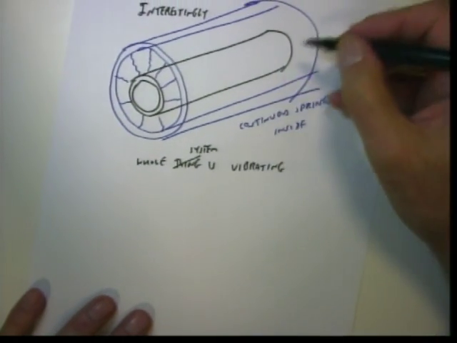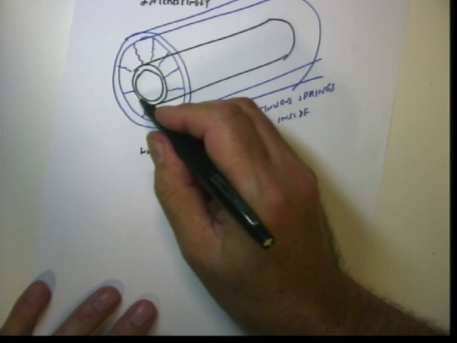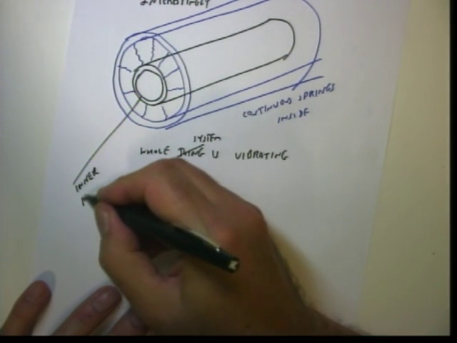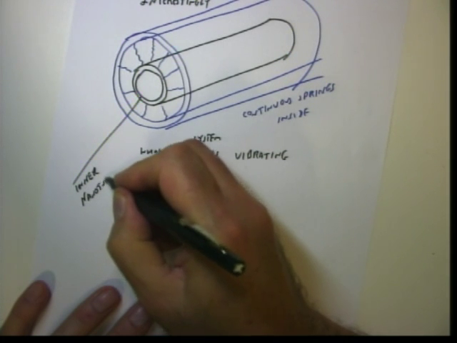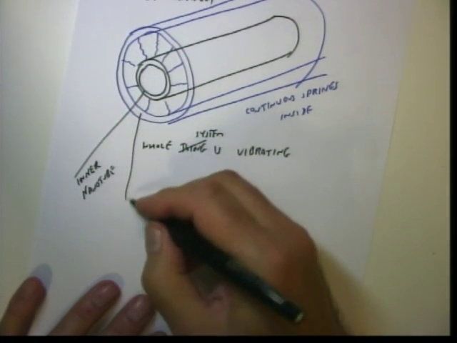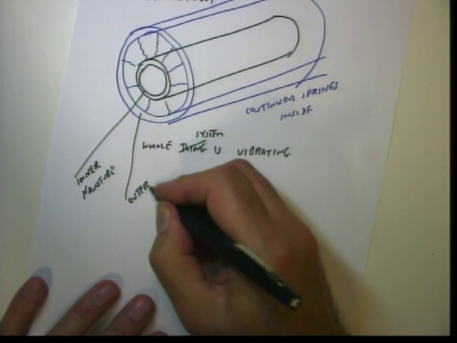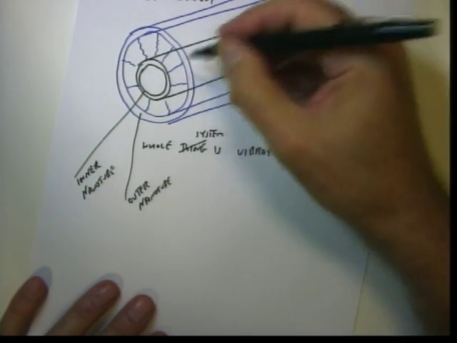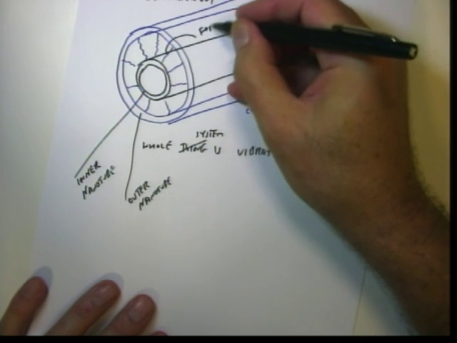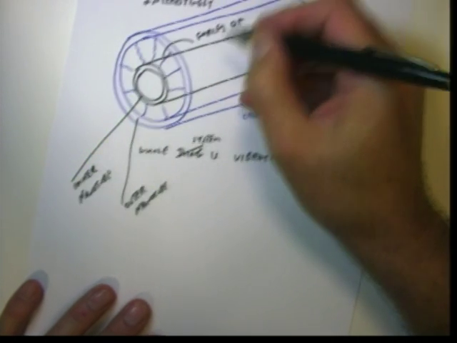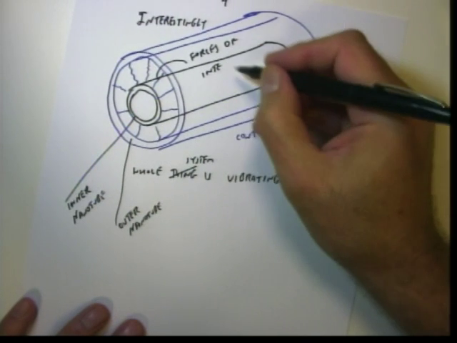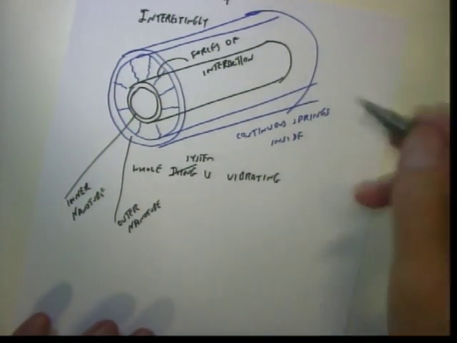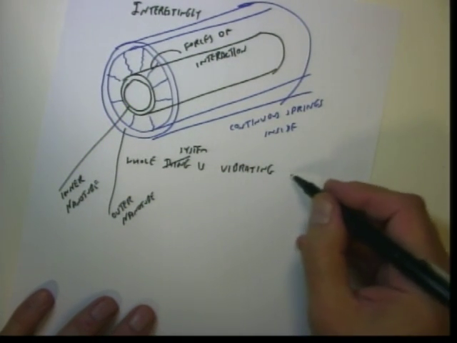This could be, for example, an inner nanotube, and this could be an outer nanotube. And these are the forces of interaction. Okay, and the whole system is vibrating.